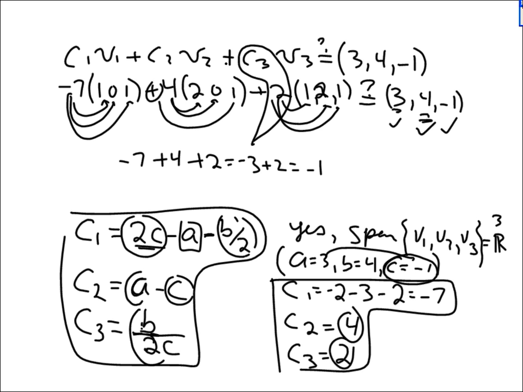B is 4, so it'll be 4 over 2 times 0, which C was 0. 4 over 0 is not a number. So it wouldn't work. But here it did work. No matter what A, B, and C are, I can say what C1, C2, and C3 are. So work like a charm. Work quite well.